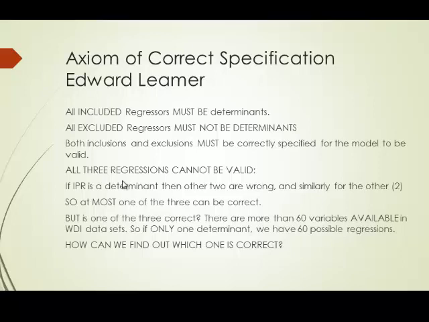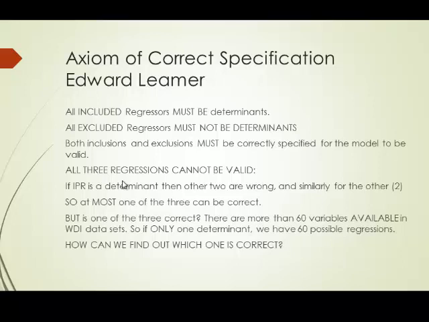You should know that this is the right model. If you have included the wrong regressor by mistake, then the results are not valid. If you have excluded a correct variable by mistake, again your result is not valid. So both the inclusions and the exclusions must be correct for the model to be valid.